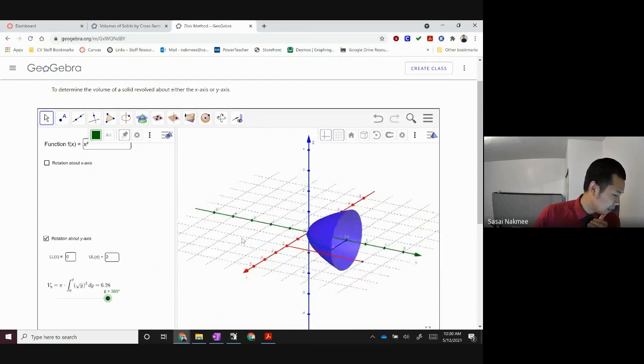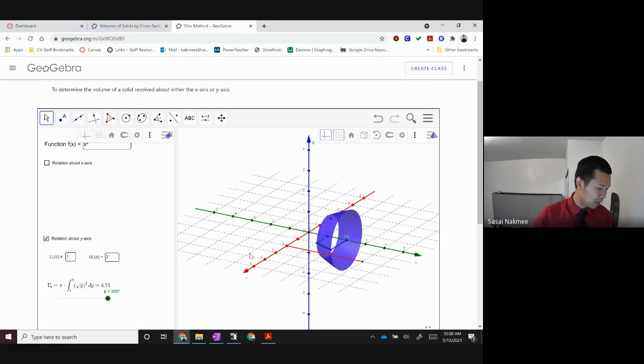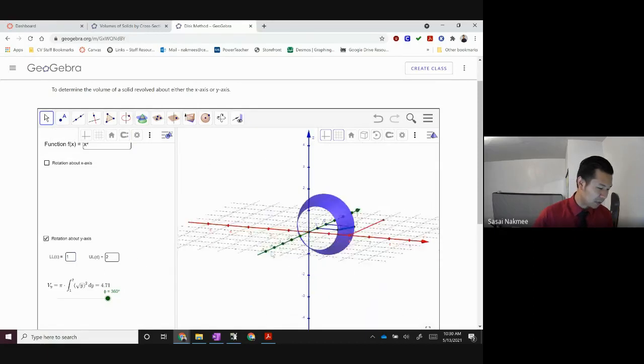You guys picture that right there? So it's taking that function and just spinning it around the y-axis. Boom. And that's kind of what we did right now, except we did it for a specific interval from 1 to 2. So we did only a small chunk of it.